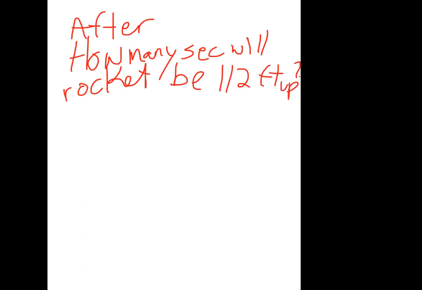Okay, so all we have to do, let me just jot down our original function. We are just going to replace h of t, the height, with 112. And then we can solve from there.